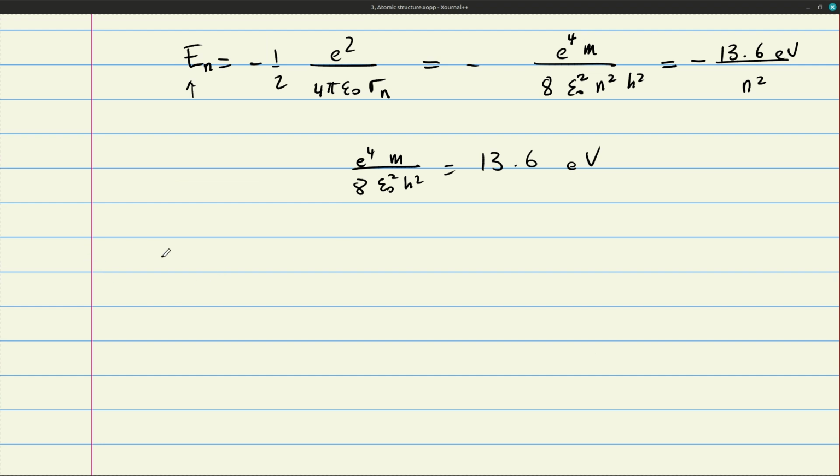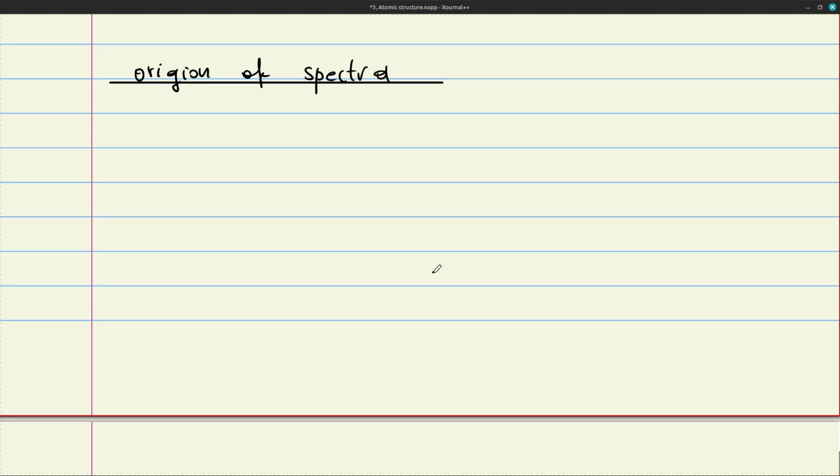Now we can talk about the origin of spectra. So let's consider the origin of spectra. Basically, we have the nucleus with positive charge, and around the nucleus we are thinking about these quantized orbits.